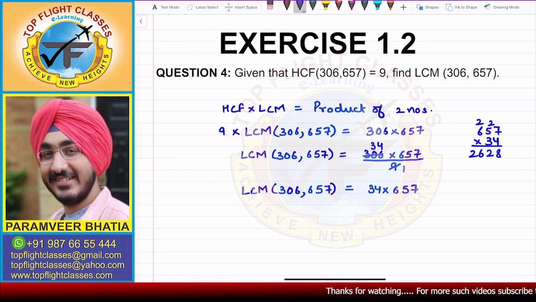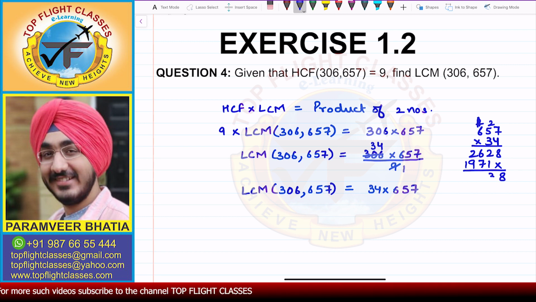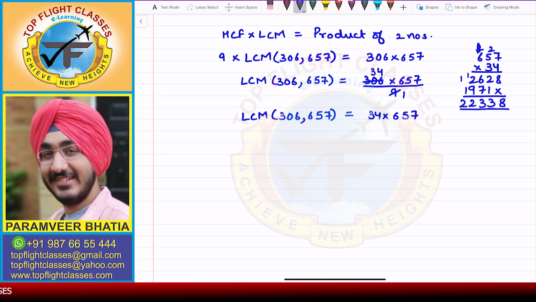So 26, then multiplied by 3. 3 7s are 21, 2 goes up, 3 5s are 15 and 2 is 17, 1 goes up, and 3 into 6 is 18, 1 is 19. So from here you will get 8, 3, 3, 1 is 11, 1 is 12 and 1 is 2. So 22338. This is the LCM that we require.